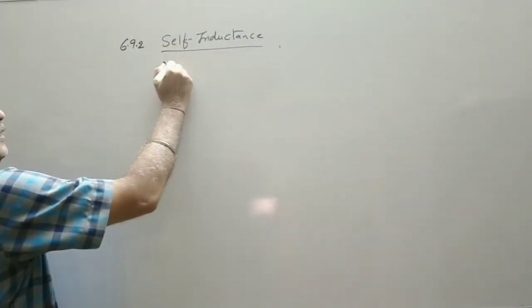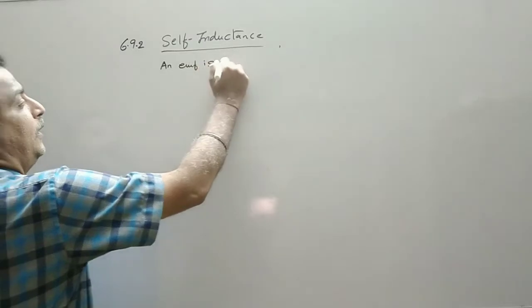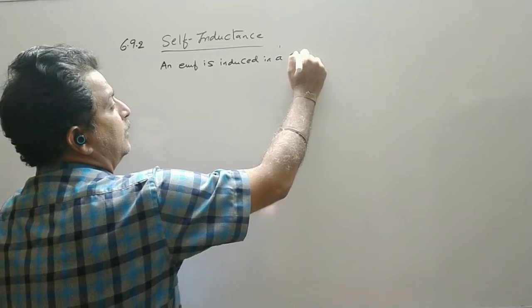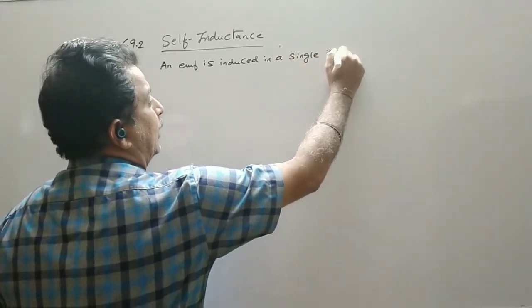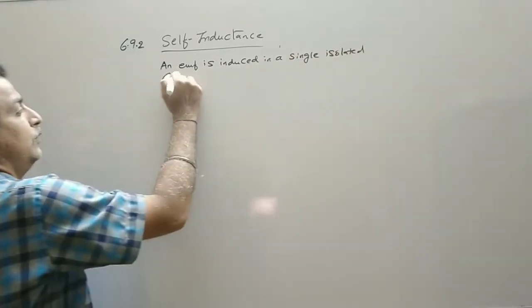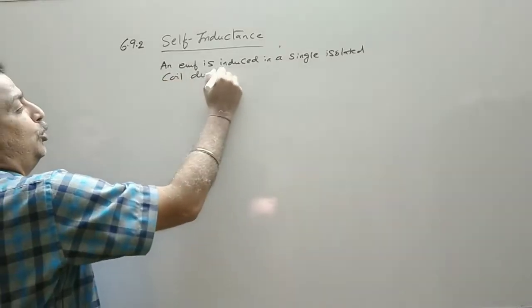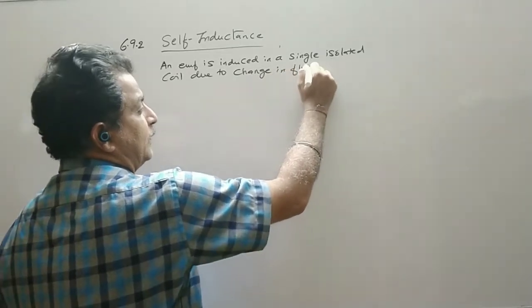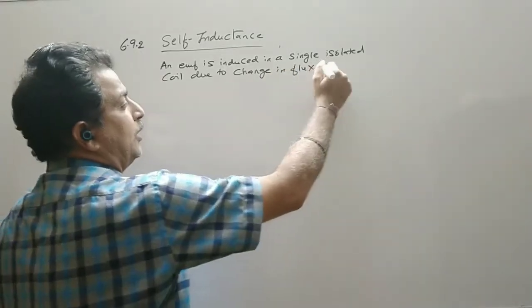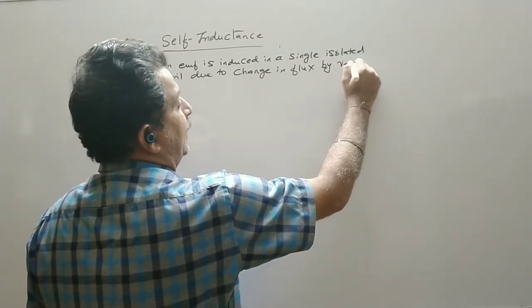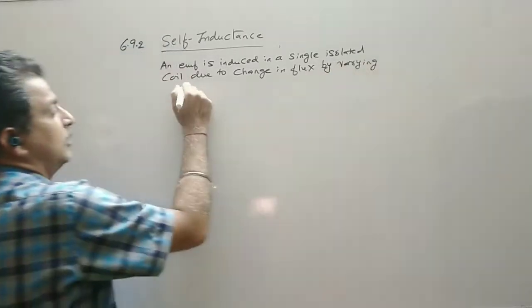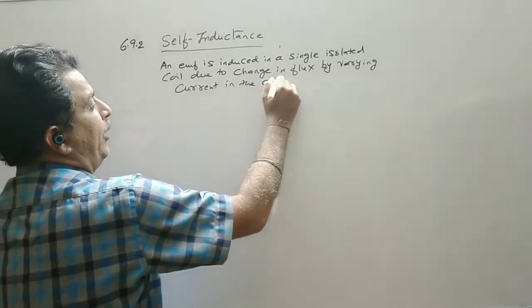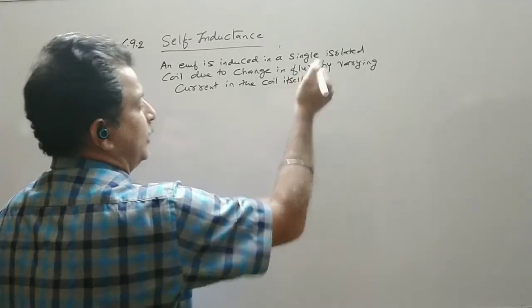So an EMF is induced in a single isolated coil due to change in flux by varying current in the coil itself or in the same coil.